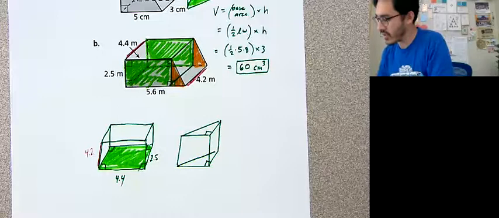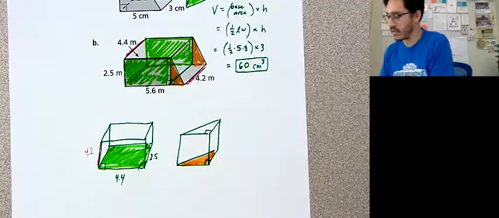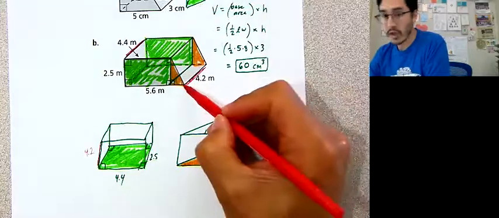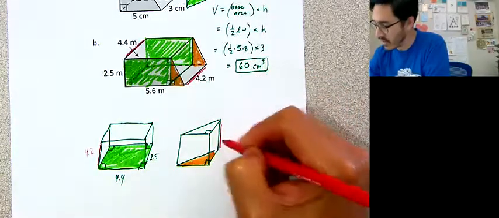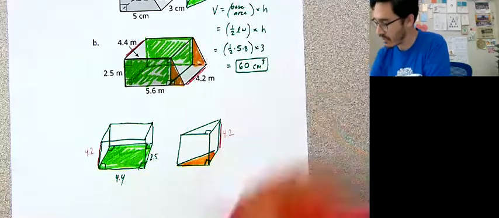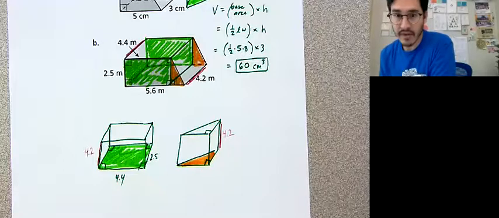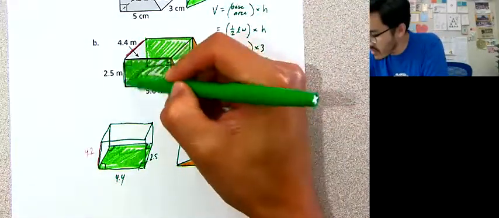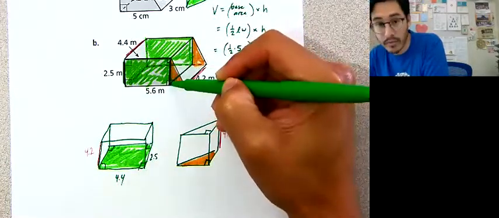All right, so let's just shade in maybe the bottom face. All right, so we know that the distance from one triangular face to the other is 4.2. So I can label this height here as 4.2. Okay. What are the dimensions, the length and width of the triangle? Well, since this is 2.5 meters here, the long leg of the triangle will be 2.5.